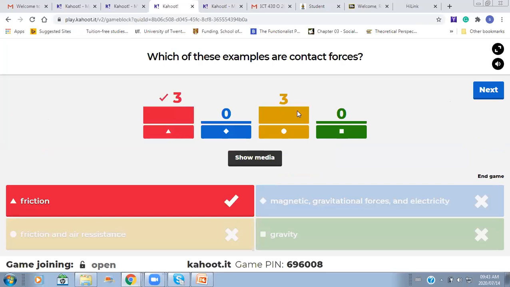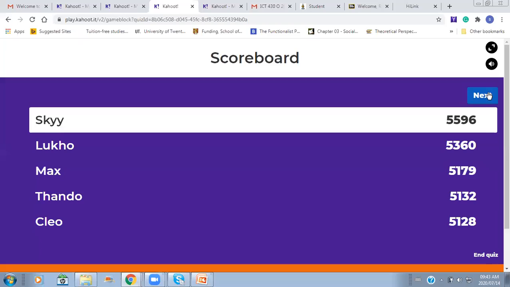Okay, so the answer: friction. Yes. But friction and also air resistance can also be correct. Okay, Luco overtook. Now let's see the last one who is going to top up.